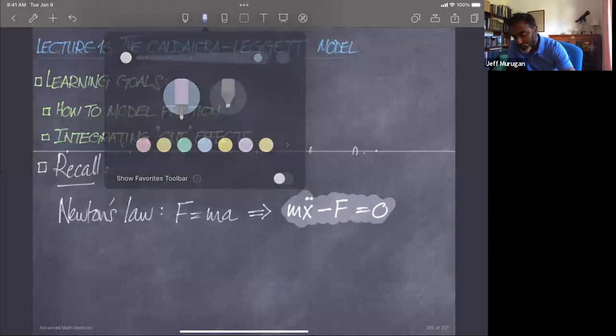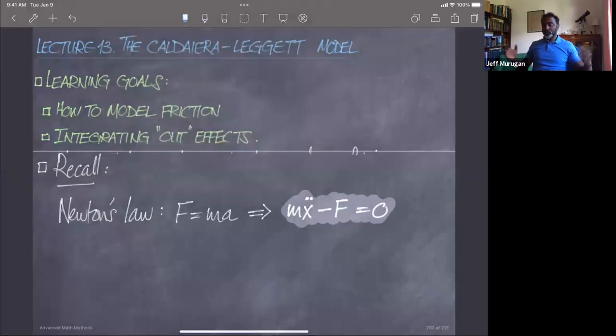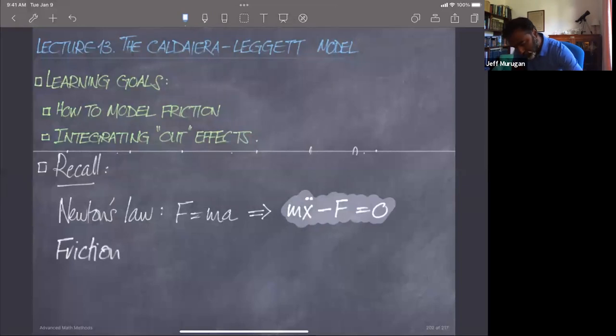Now, okay, so we have Newton's law, and this typically doesn't account for any friction. If I add friction to this problem, let's try that again.